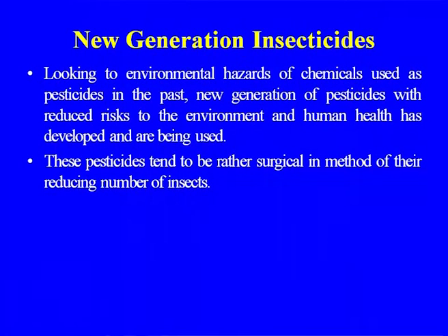Now we call it NGI, new generation insecticide. Looking at the environmental hazards of the chemicals used as pesticides in the past, a new generation of pesticides with reduced risk to the environment and human health has been developed and is being used. These pesticides tend to be rather surgical in method for reducing the number of insects.